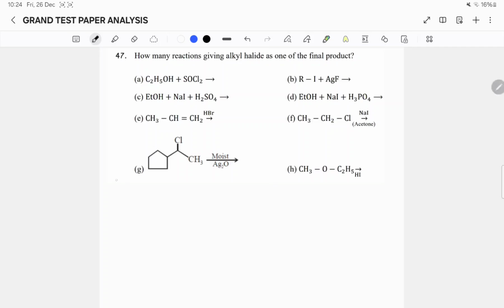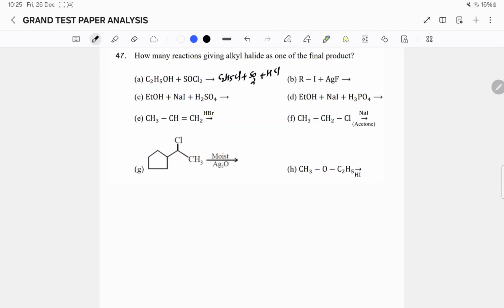Now look at reaction A. Ethyl alcohol reacts with SOCl2, and it will give ethyl chloride as a product plus SO2 plus HCl.